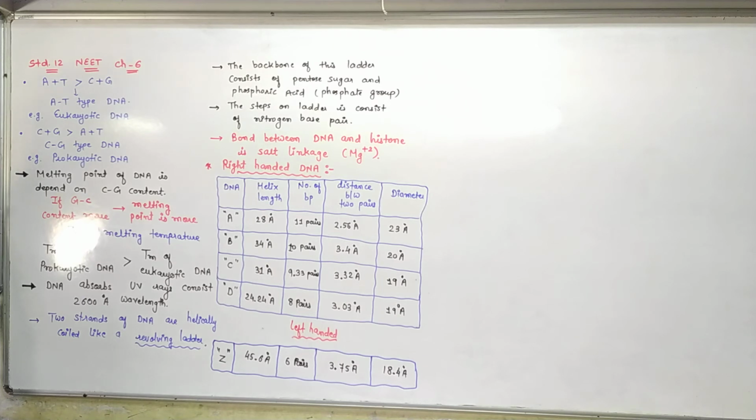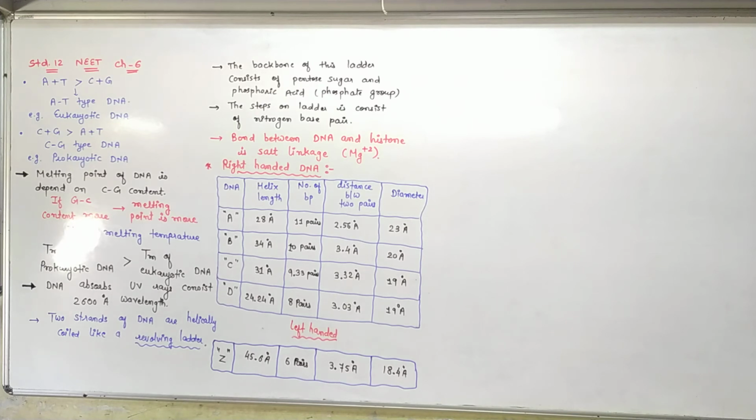D DNA: length of helix 24.24 angstrom, number of base pairs 8, distance between the two base pairs 3.03 angstrom, and diameter is 19 angstrom.